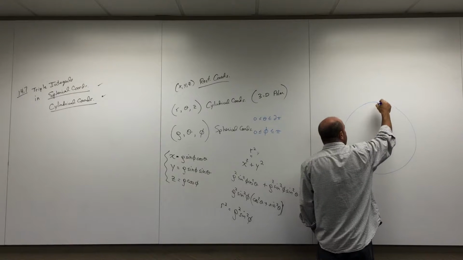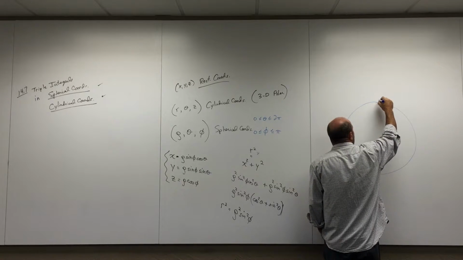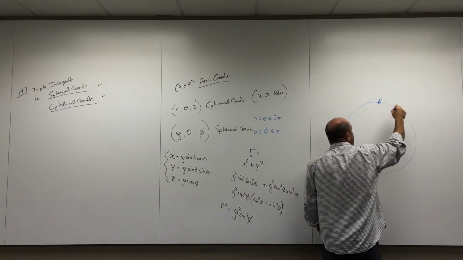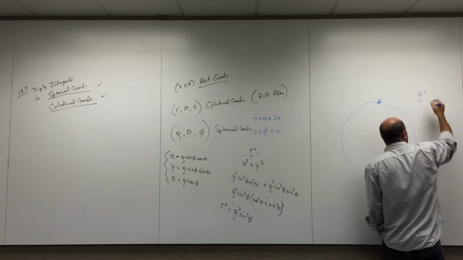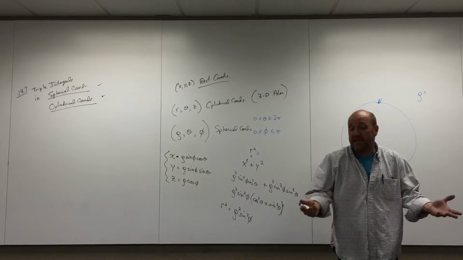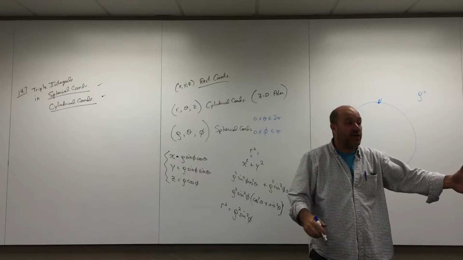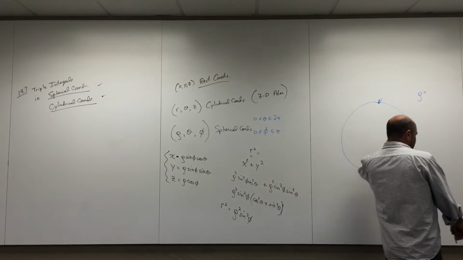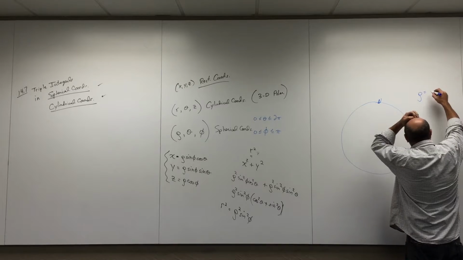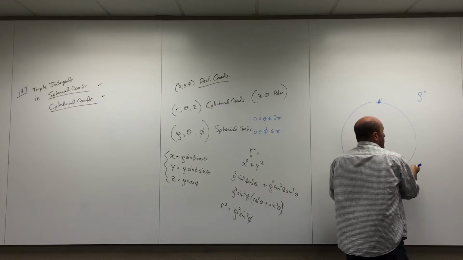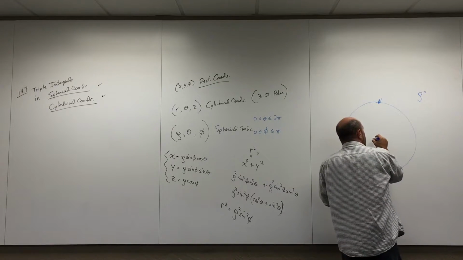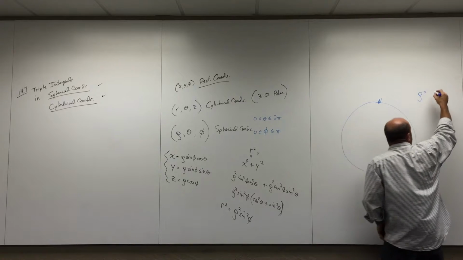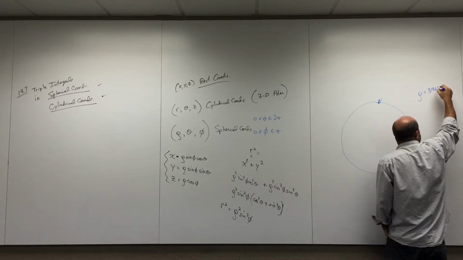So this is the Earth, and this could be the North Pole here. By the way, the radius of the Earth is 3,960 miles, roughly. It varies a little. But if we live on the surface of the Earth, our rho from the center of the Earth out will be 3,960.